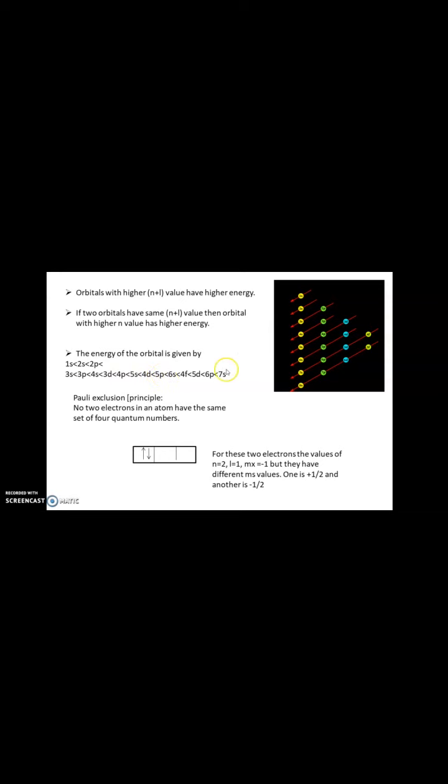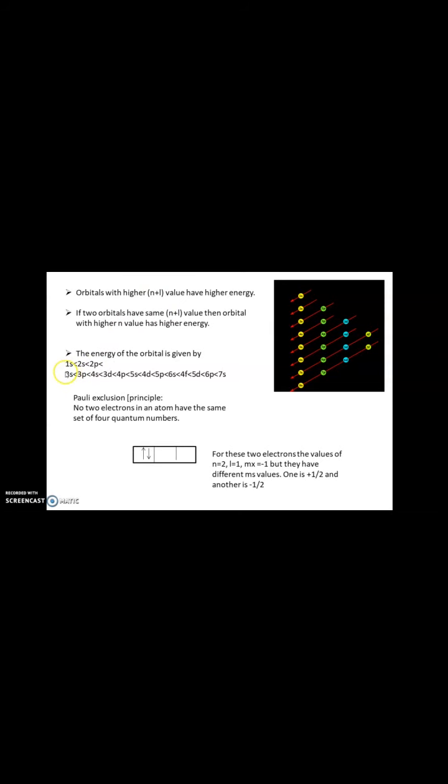All this energy order has been made by keeping in mind that orbitals with higher n plus L value will have higher energy. So I am giving you an example, like in case of 2p orbital and 3s orbital. In case of 2p orbital n equals 2 and L equals 1, so n plus L is 2 plus 1 equals 3.